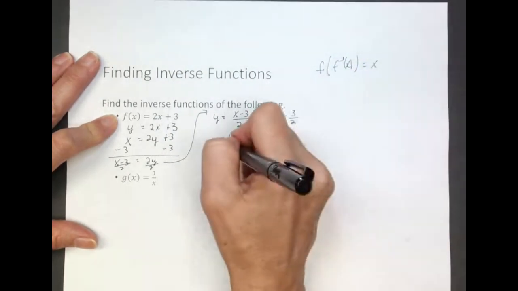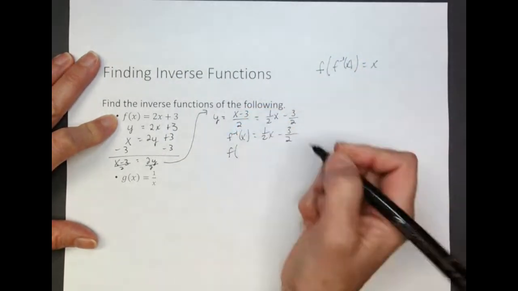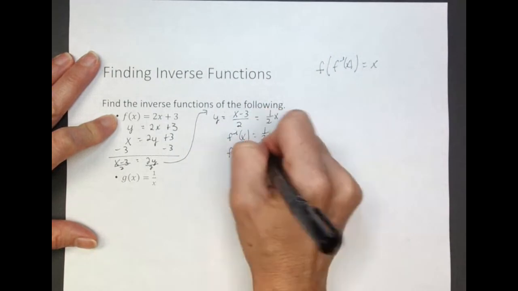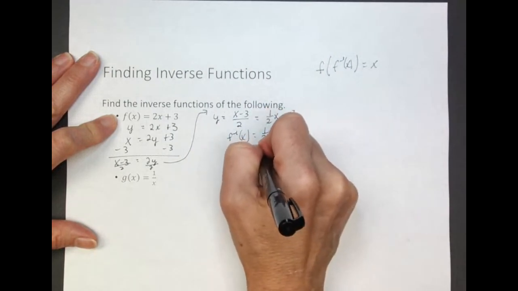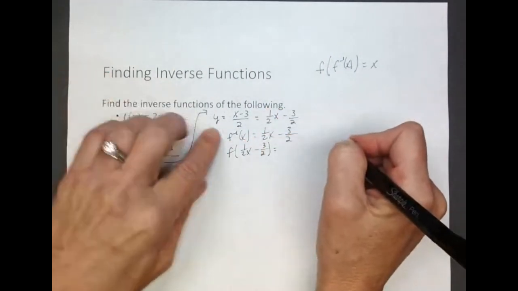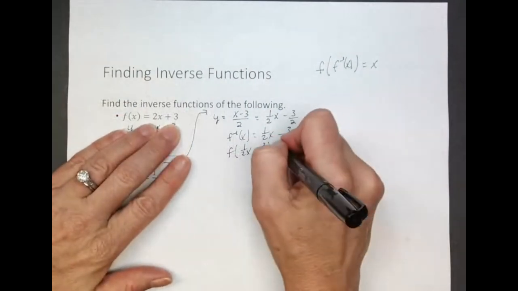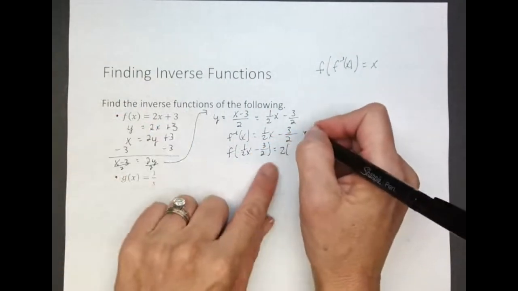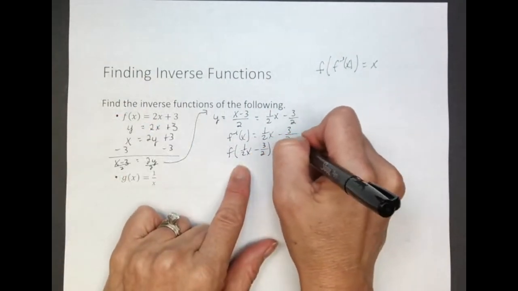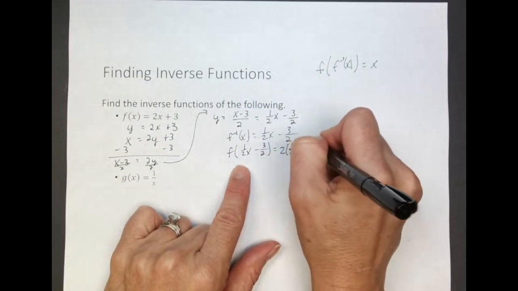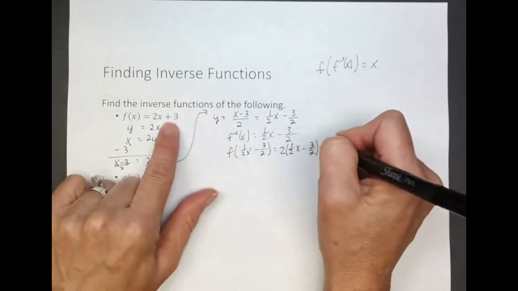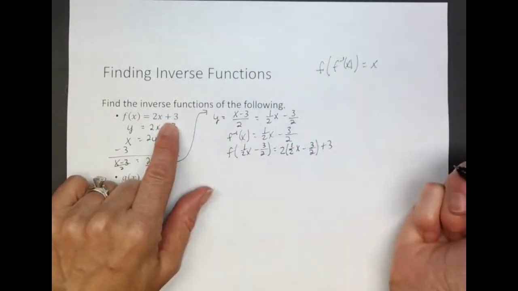So let's compose it and find out. Let's find what f of 1/2 x minus 3/2 is. The original function is 2x plus 3, so it's going to be 2 times its new input, 1/2 x minus 3/2, and then plus that 3.